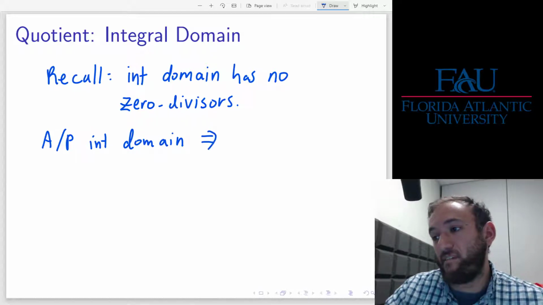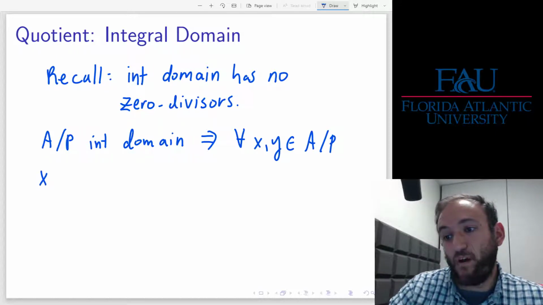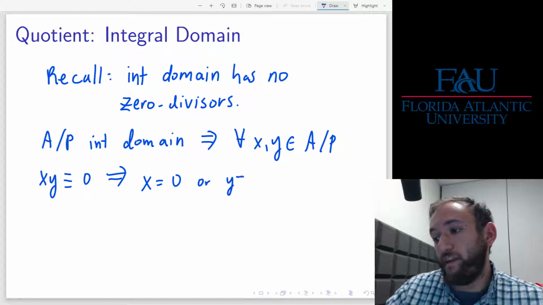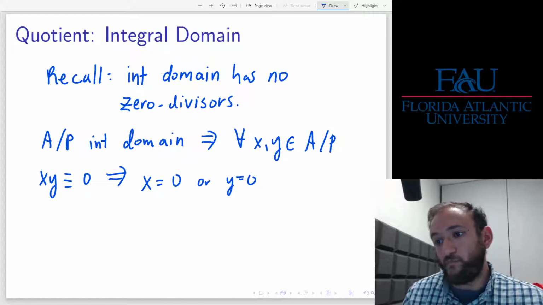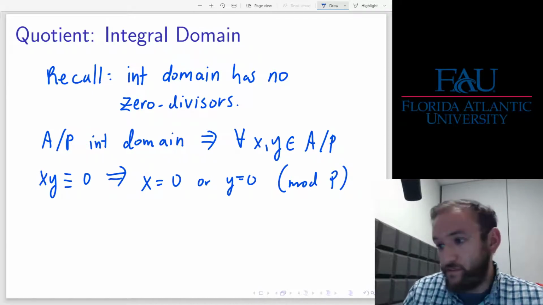that means that for any x and y in A mod P, if xy is equal to 0 in the quotient ring, then that means that x is 0 or y is 0. And this is all mod P, because otherwise we would have zero divisors.